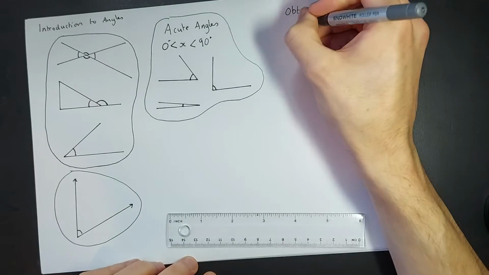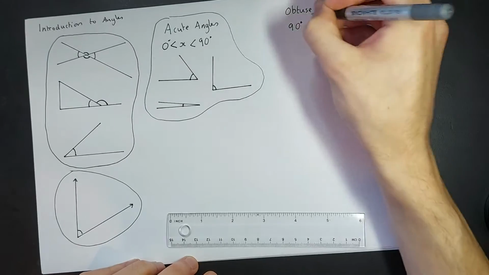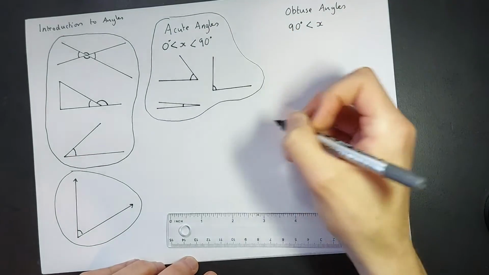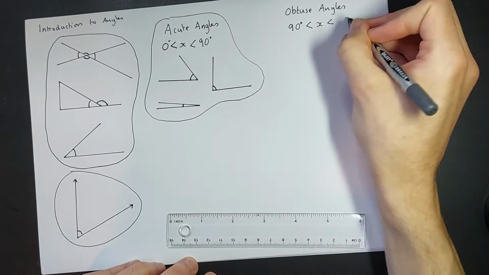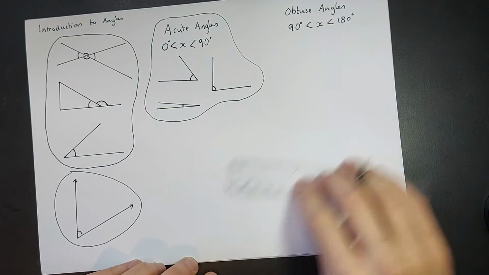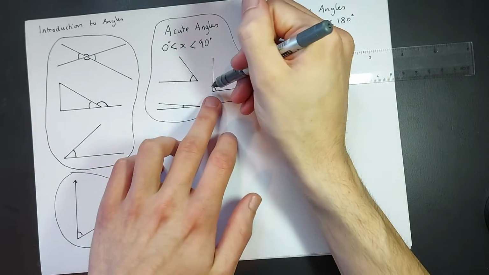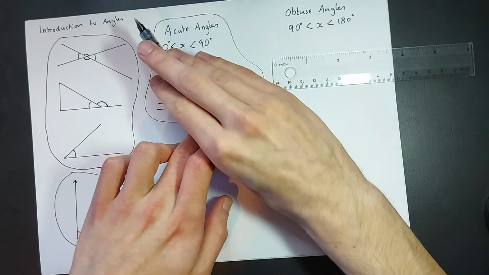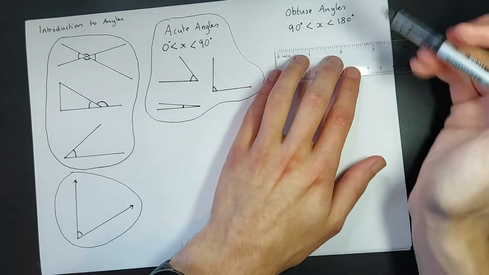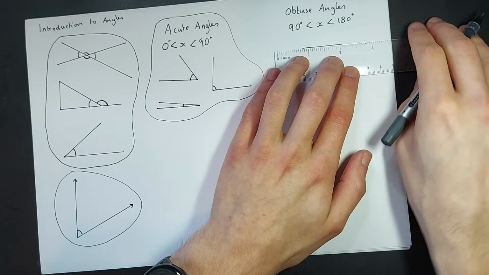So we have 90 degrees, which is less than, let's call our angle x again, and it is less than 180 degrees. That means we've passed the 90 degrees that we said before. So we've gone a little bit past it, or we could go quite a bit past it and nearly a straight line. Let's have a look. I'll do a couple of examples of this one.